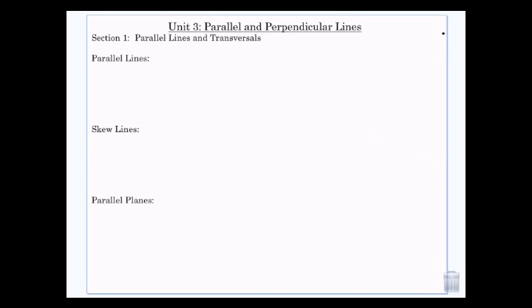never intersect, right? Oof, wow, that's way too fat. We want them to be in the same plane.